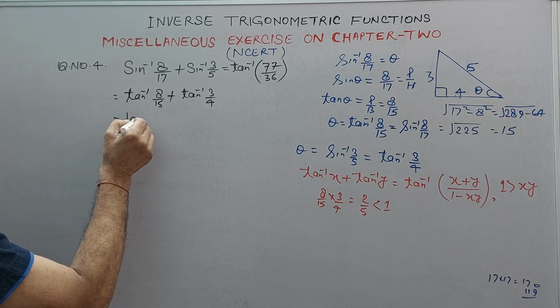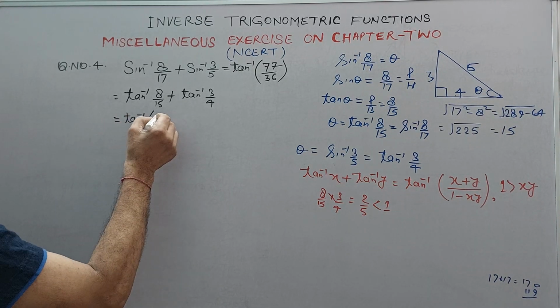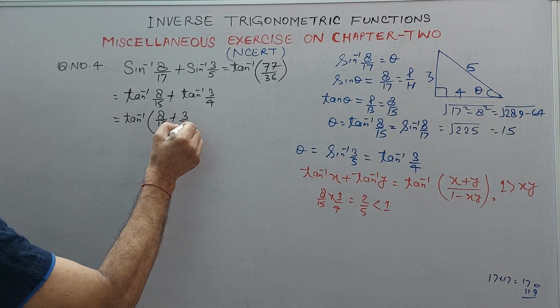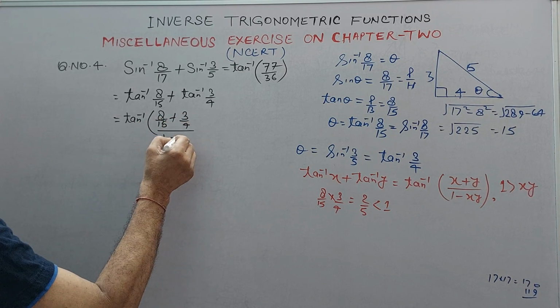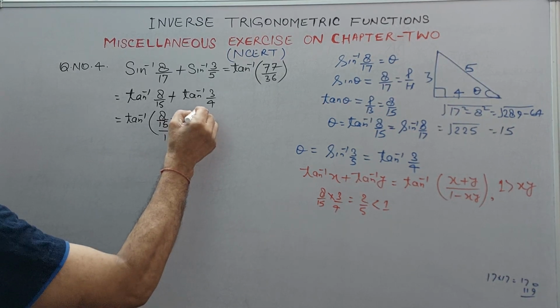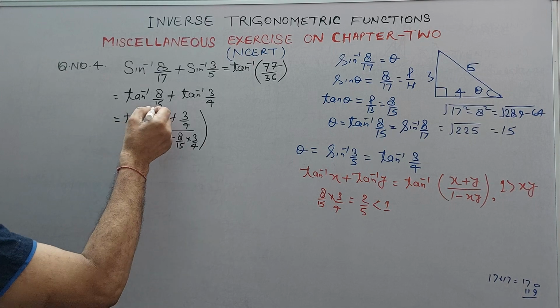this becomes tan inverse of the sum of 8 upon 15 plus 3 by 4, divided by 1 minus the product of these two, 8 upon 15 and 3 by 4. Now close this square bracket.